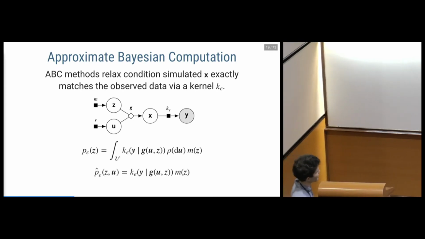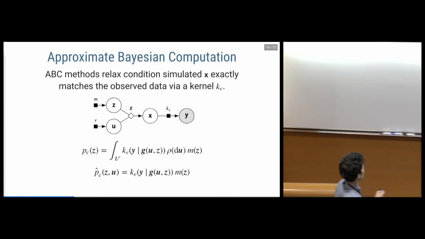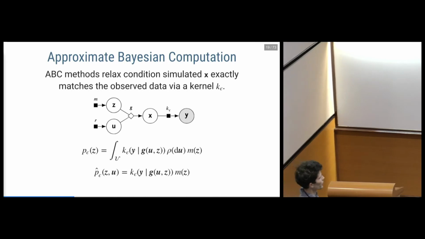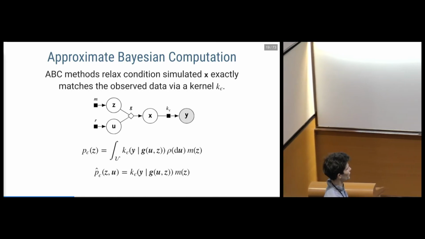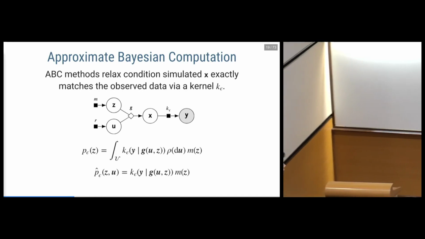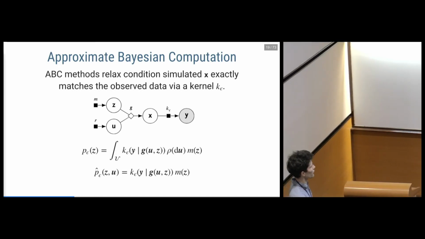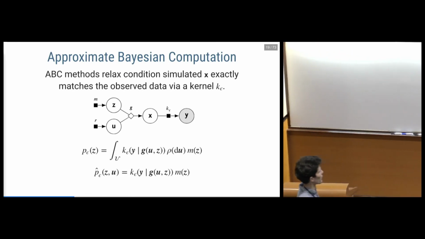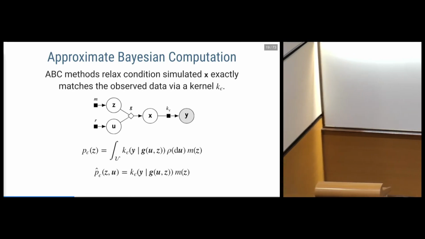So then we can define this epsilon ball approximation of our target density just by integrating that kernel, which is our substitution for this Dirac term, against the marginal densities on the random variables and the prior on the parameters.